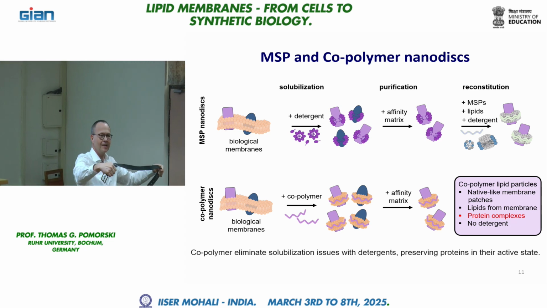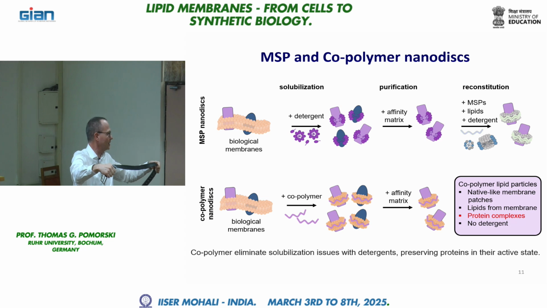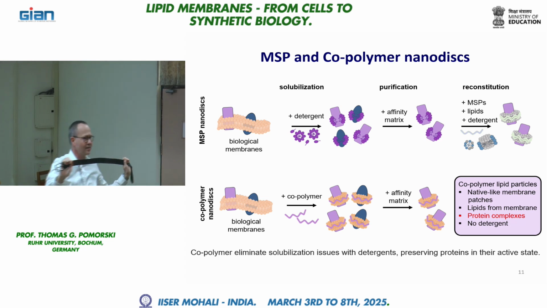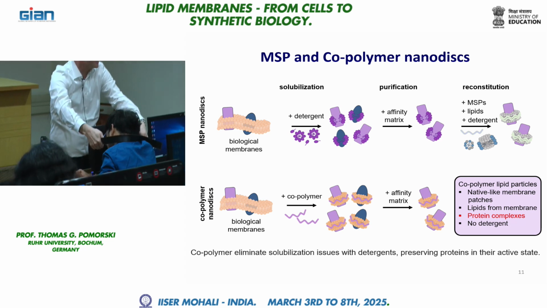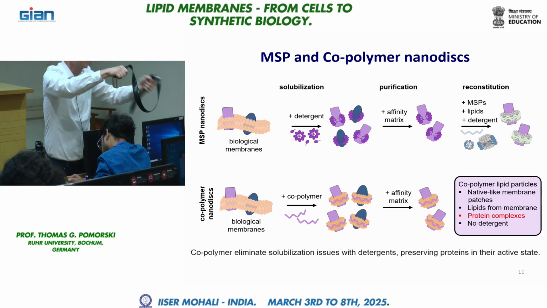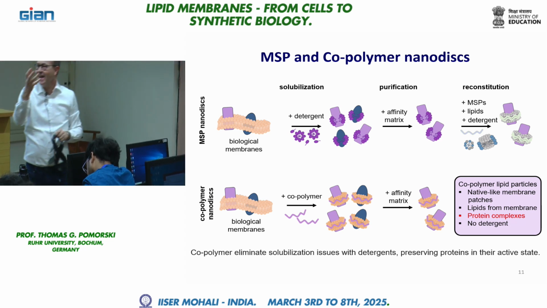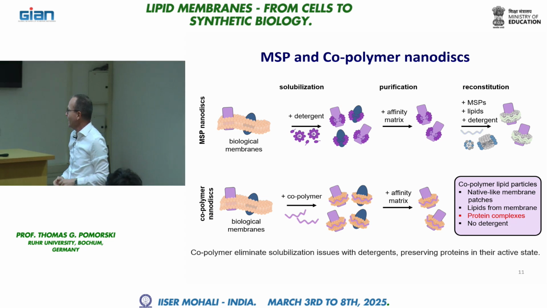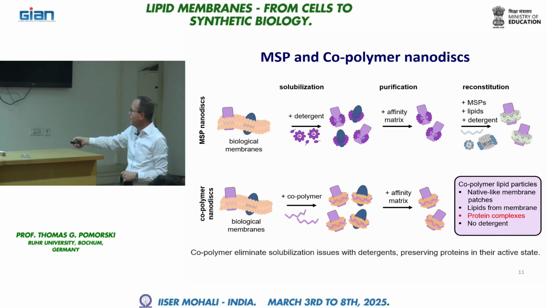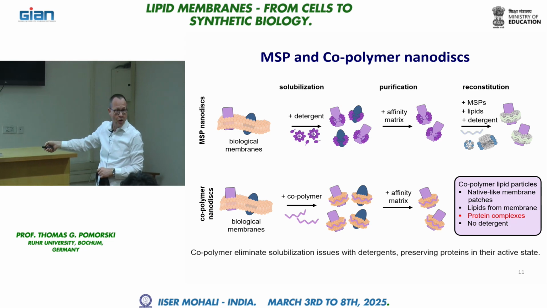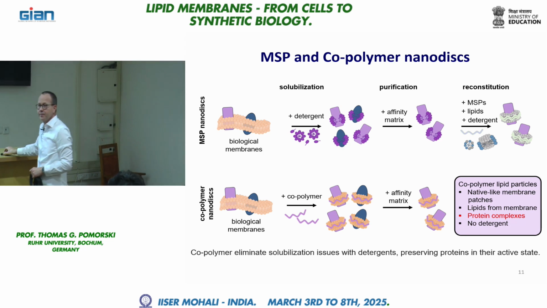They have basically a side that likes water, and they have a side that likes lipids, and with the side that likes lipids, they would start to wrap around and eventually take out a piece. Yeah? And then you see, here was the detergent. Here's no detergent. No detergent anymore needed.